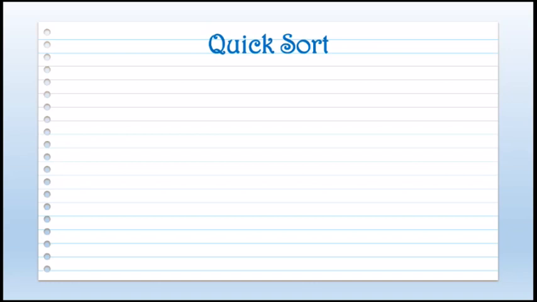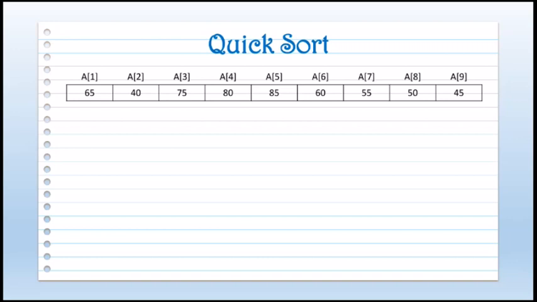We will take one example to understand this sorting technique easily. So suppose these are the given elements which are in an unsorted list. So by using quick sort, we can sort this list. To do so, first we will consider the first element as pivot element, and we will try to find the position of that element in the sorted list.